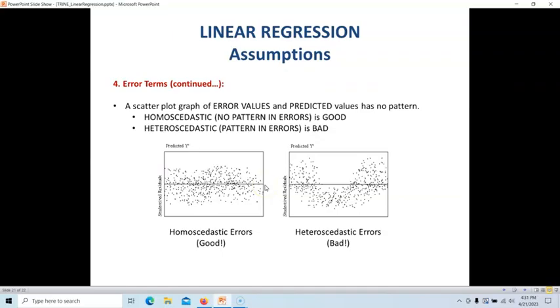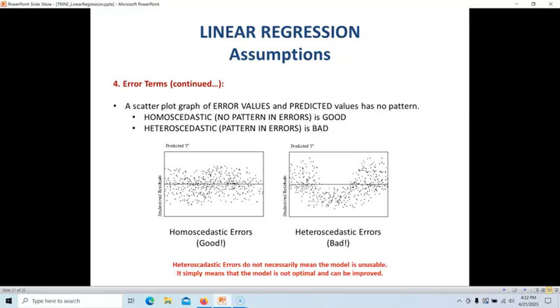Now, if I look over here, I have a pattern, and this is heteroscedastic, and that's bad. So homoscedastic is good. It means it's random. And heteroscedastic is bad. Look, there's a pattern here. Now, heteroscedastic data, this one right here, even though it's bad, doesn't mean you can't use the model.